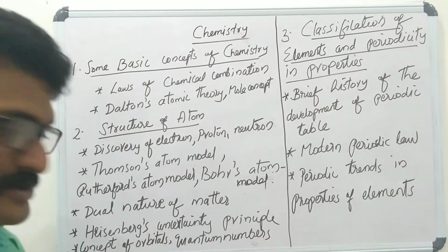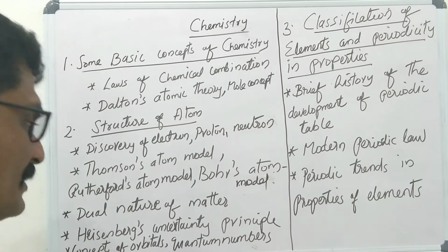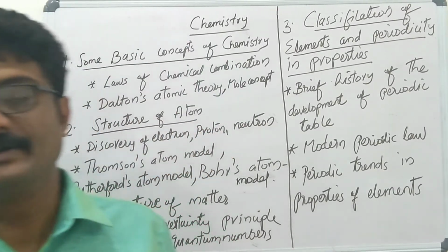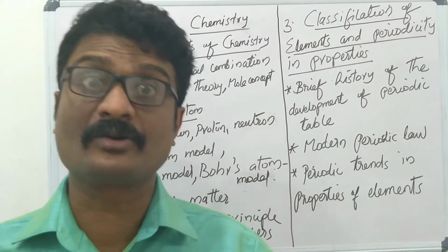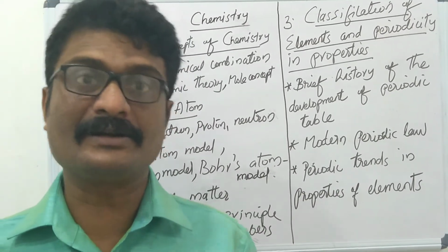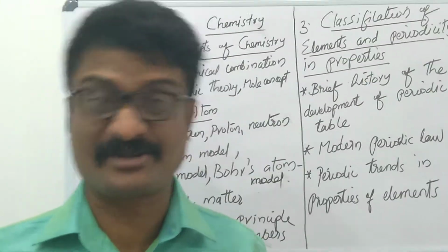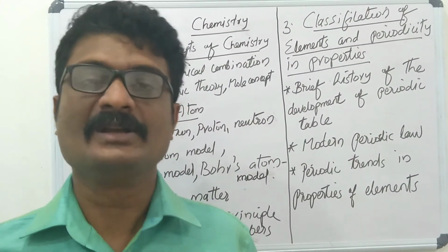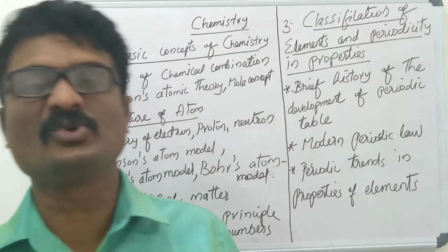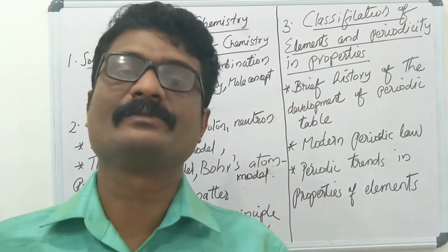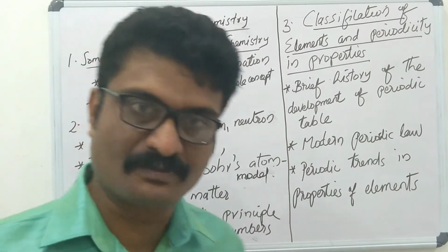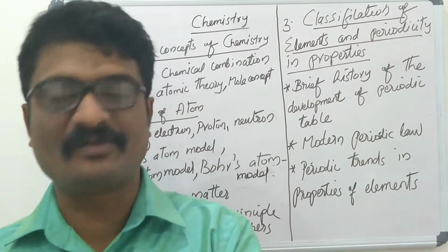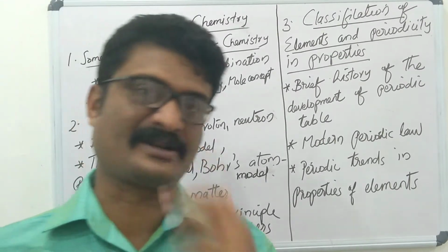Then the new concept of orbitals, then quantum numbers. Then you will study the electronic configuration, the distribution of electrons around the nucleus, on the basis of certain laws or principles: Aufbau principle, Pauli's principle, Hund's rule of maximum multiplicity, etc.